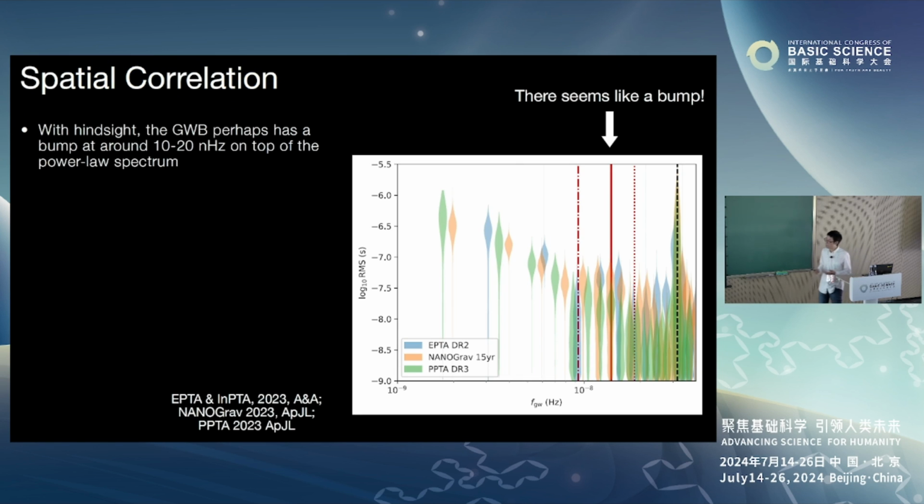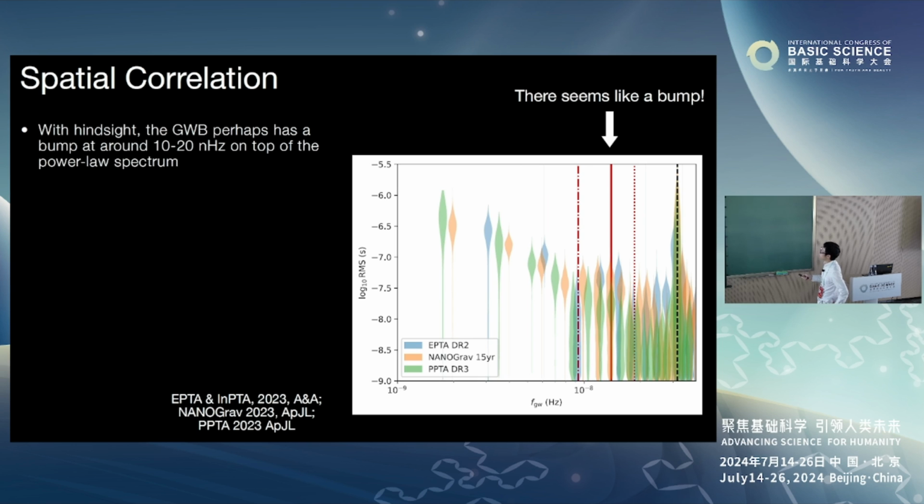And in hindsight, you may wonder why we could get such a detection. I think we are somehow very lucky. Here I borrowed the results from other PTAs from last year and put them all together. These are the free spectra of the underlying GWB. You can see that the power law spectrum is very obvious.